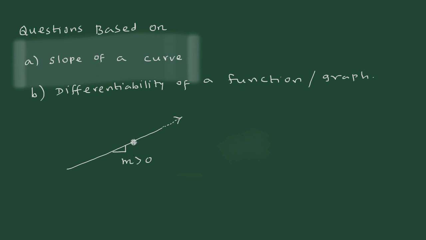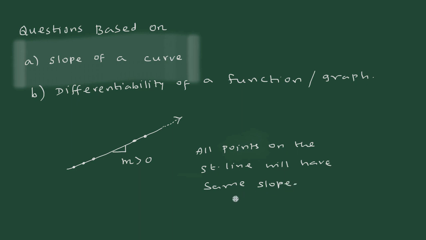The important point is that the slope at this particular point, or the slope at any other point on the straight line, is the same. That means all points on the straight line will have the same slope.